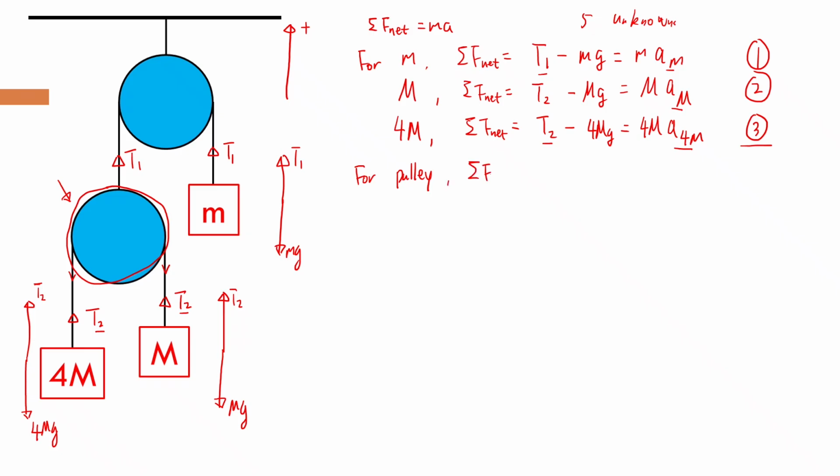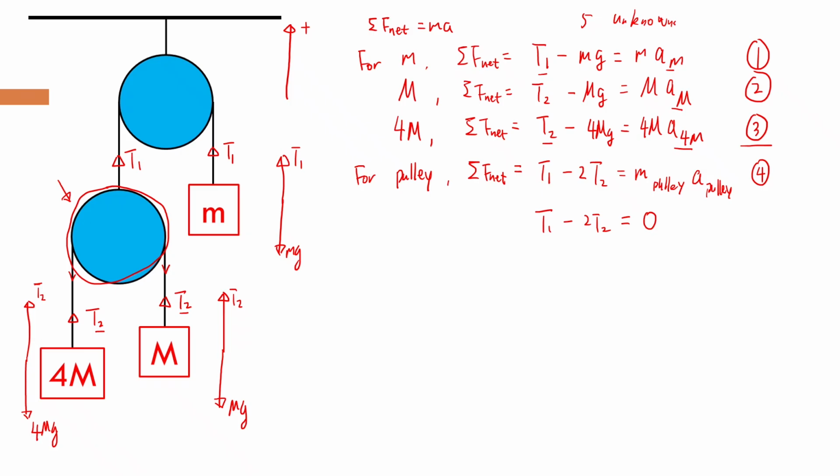The net external force equals T1 minus 2 times T2 equals the mass of the pulley times the acceleration of the pulley. I call this equation 4. But I know the pulley is massless, so T1 minus 2T2 basically equals 0. So I got my fourth equation.